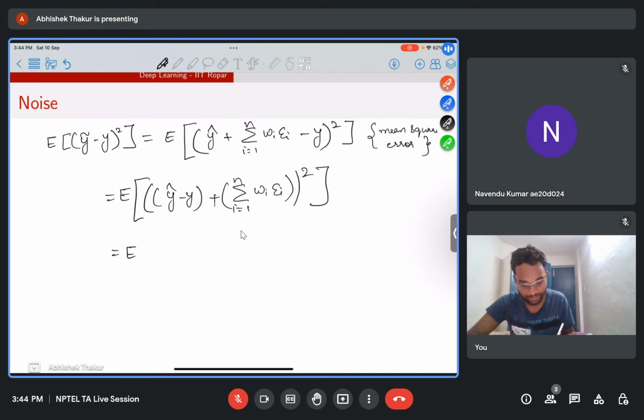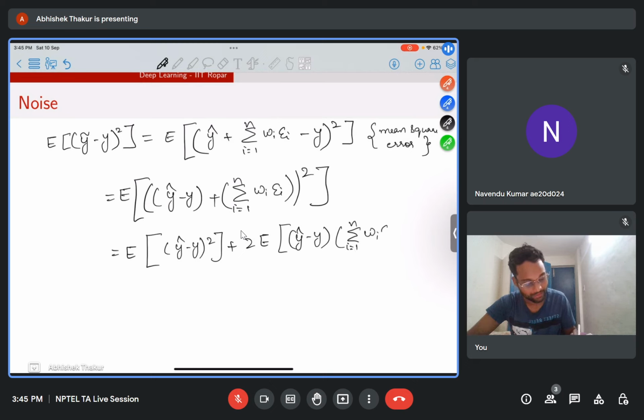So now we will write it as this term, the expectation of y hat minus y whole square, which we will take out, plus 2 times the expectation of y hat minus y times the summation from i equal to 1 to n of wi ei. Done.